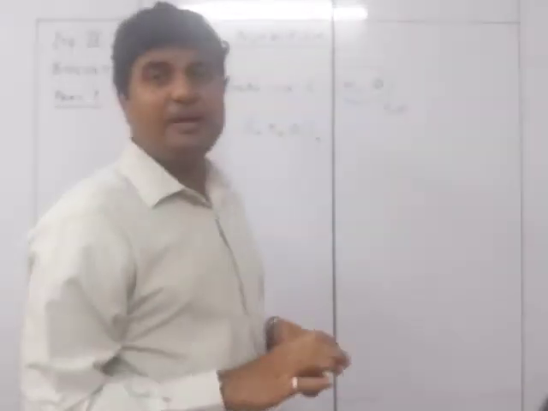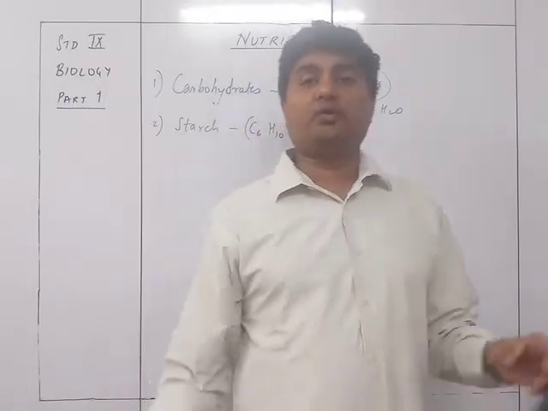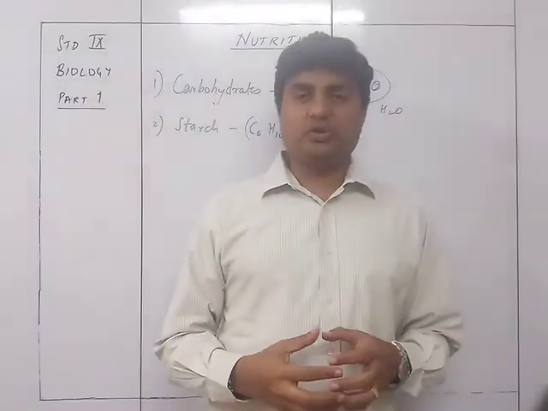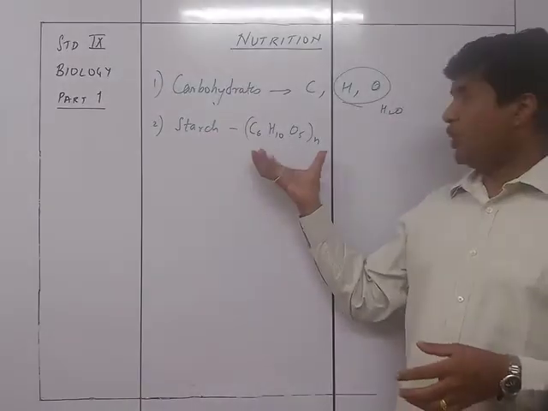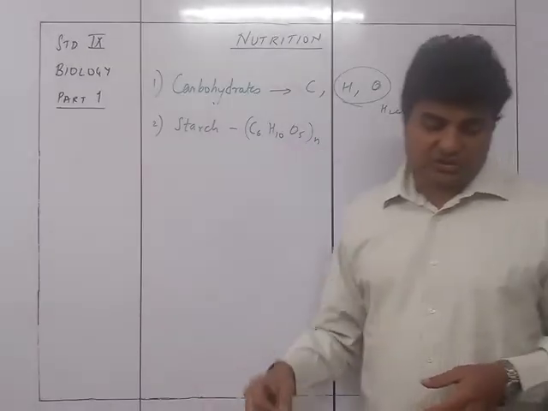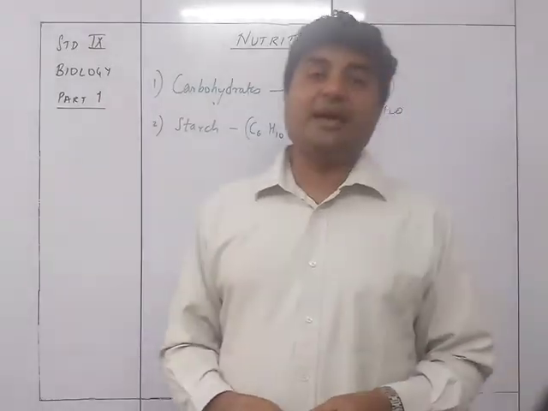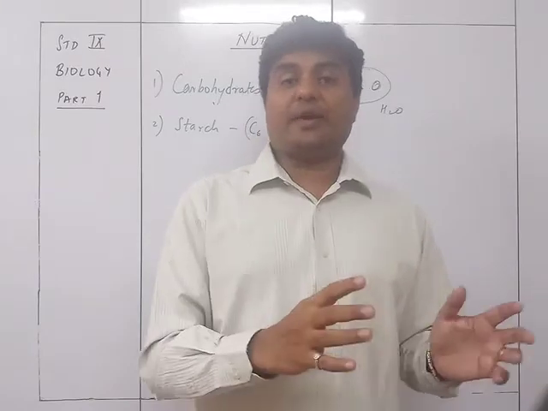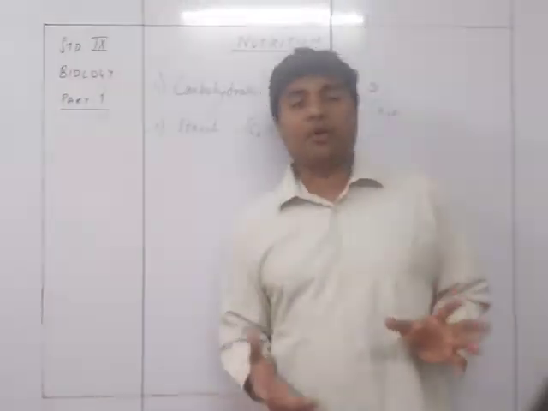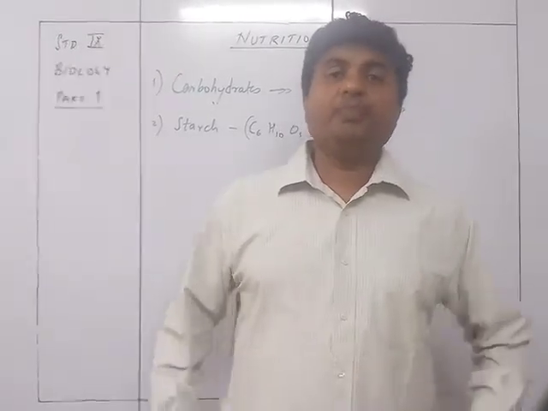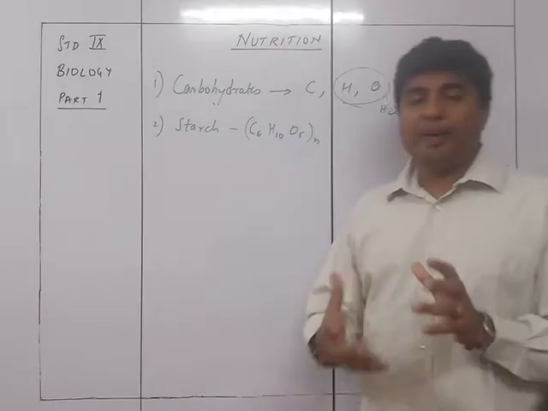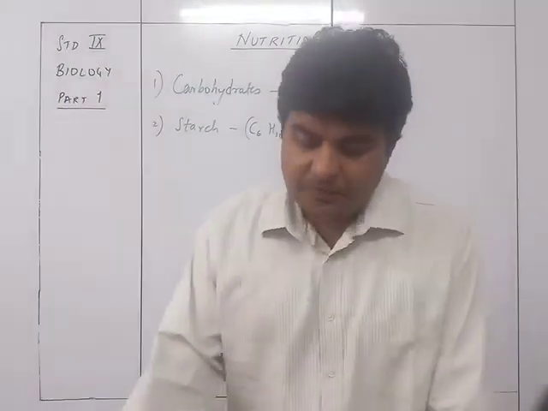Because there are multiple such molecules clubbed together to form a polymer, which is called polymerization, the formation of a larger molecule of carbohydrate to give you starch. So they are not called monosaccharides or disaccharides, but polysaccharides. Multiple molecules of these C6H10O5 combine together to form a polysaccharide, which is nothing but starch.